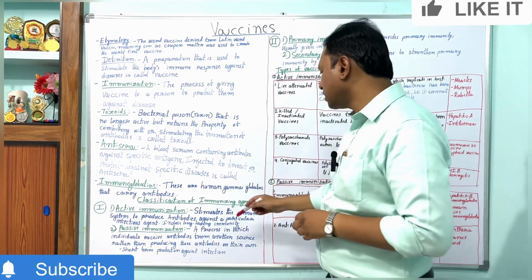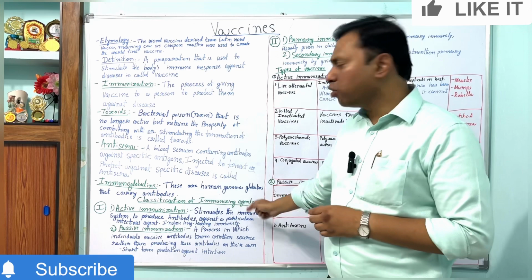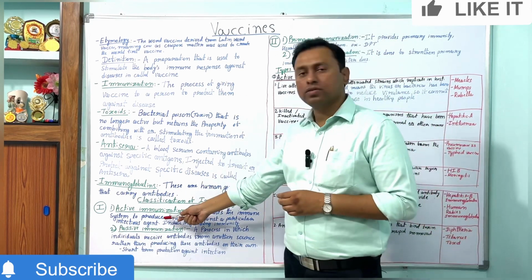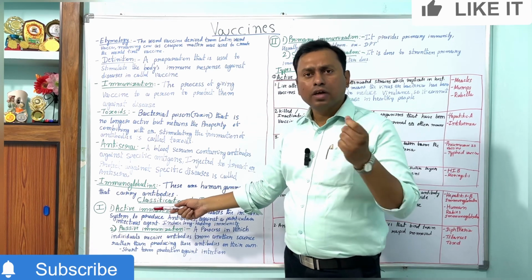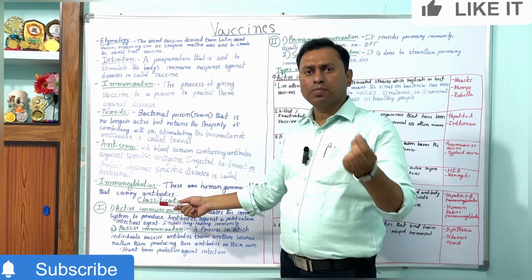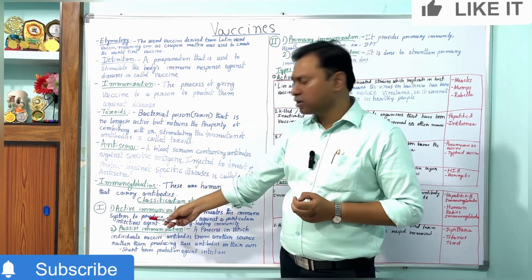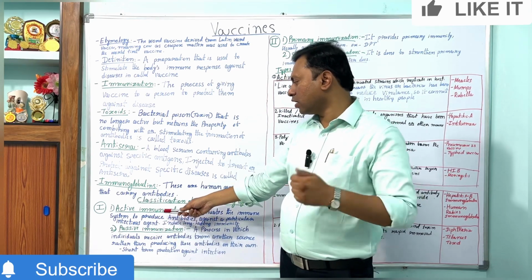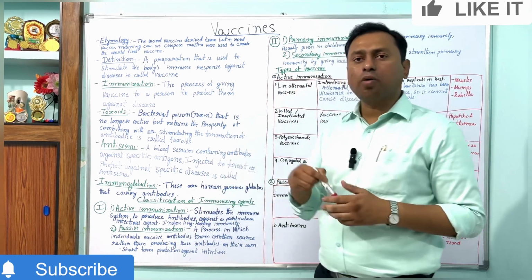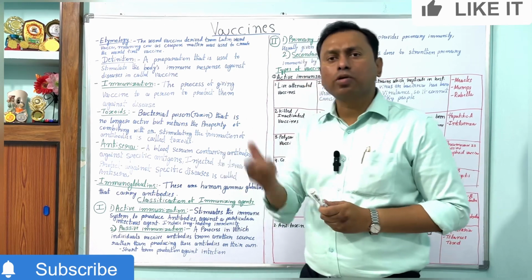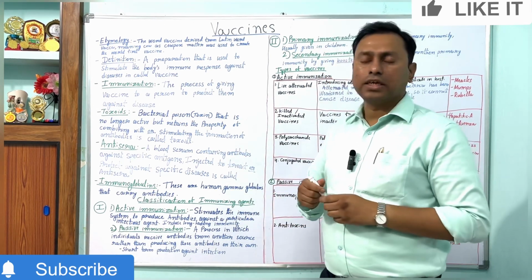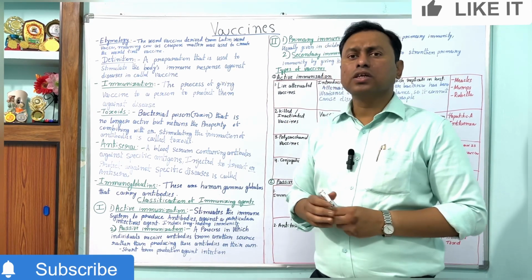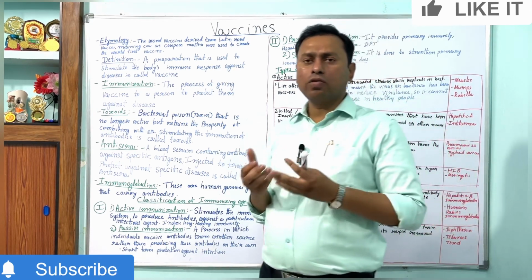It means stimulating the immune system to produce the antibody. We give the killed antigen, or inactive parts of the antigen, and the body starts producing antibodies against that particular infectious agent. That is called active immunity.